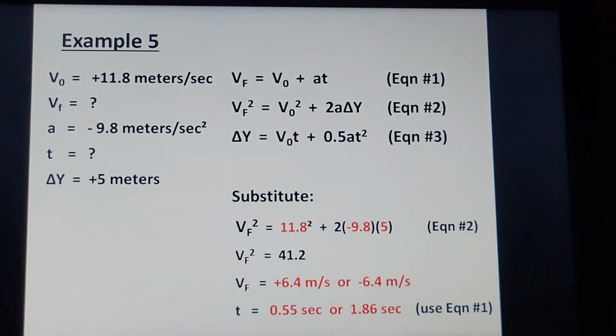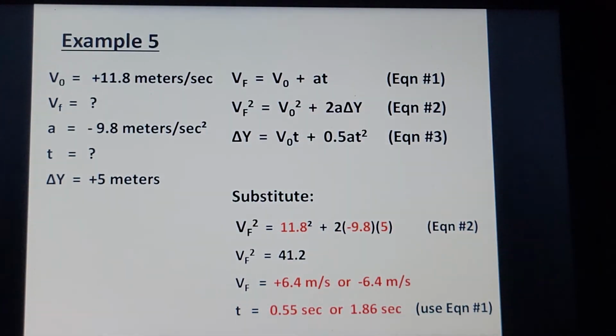And in this case, what happens? We use equation 2, and VF squared is equal to 41.2. If you solve a quadratic equation, you end up with two answers quite often. In this case, you take the square root of both sides of that equation, and you have a positive 6.4 meters per second on the way up.